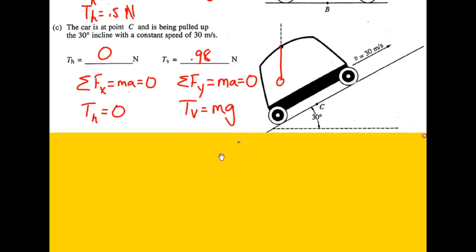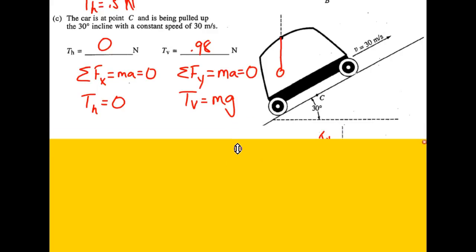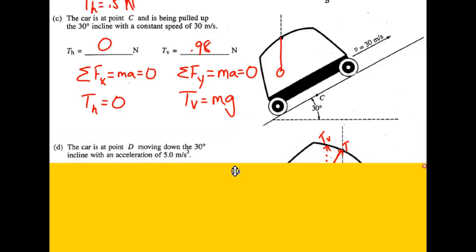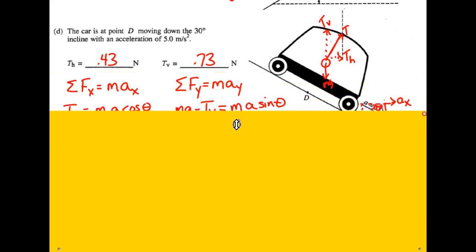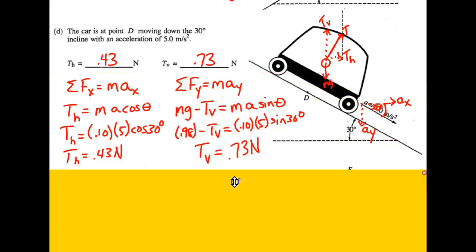D is the tricky one. The car is at point D, moving down the 30-degree incline with an acceleration of 5 meters per second squared. So what would happen here? Well, relative to the vertical, we again intuitively understand that the ball would swing backwards.